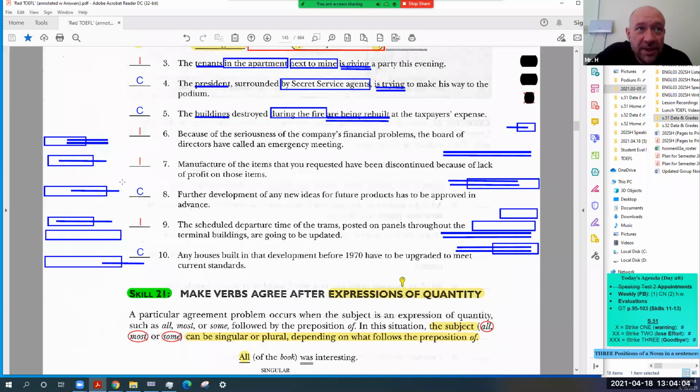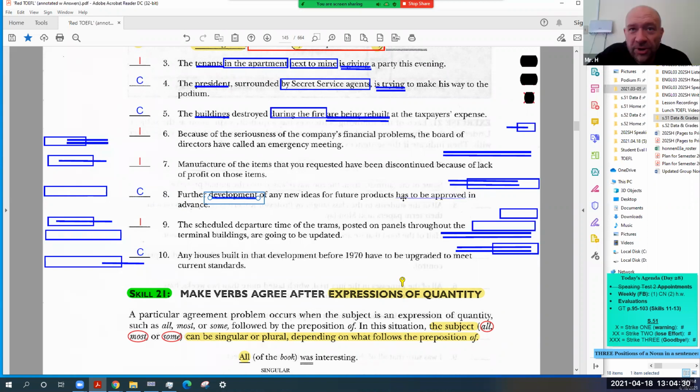Abdul Majid, number 8, subject. The board. Subject in number 8. Oh, number 8, yeah. Development. Good. Okay. Find the verb. Has.